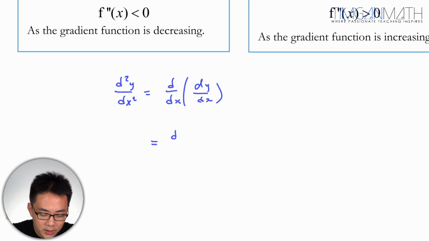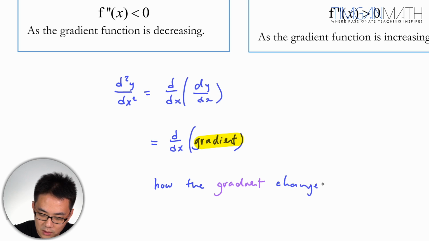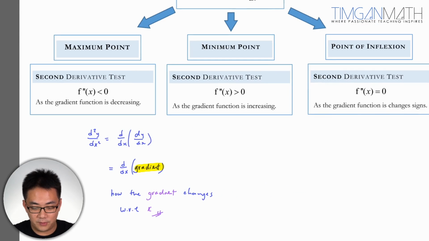So if you put d/dx here on the gradient, in layman's terms, it just means how the gradient changes with respect to x. Okay, so that's the main point. That is how the gradient changes with respect to x.